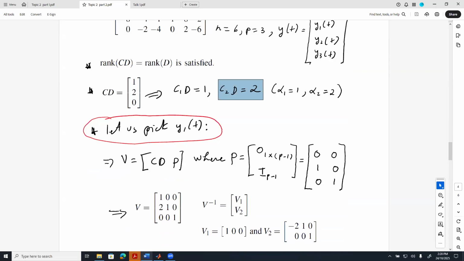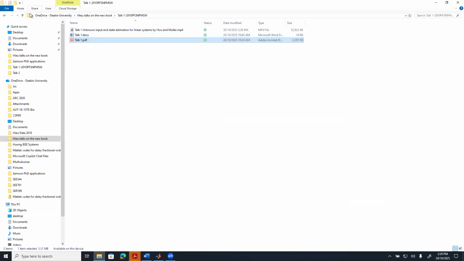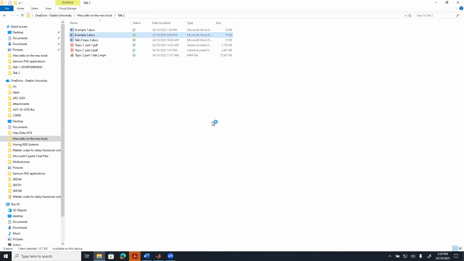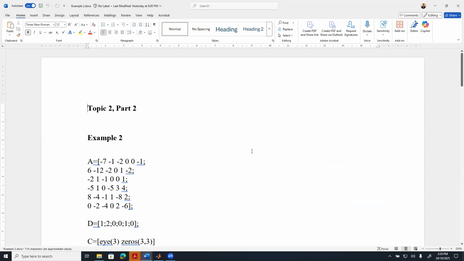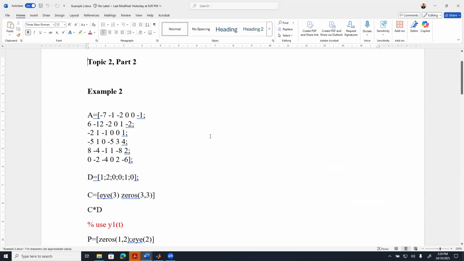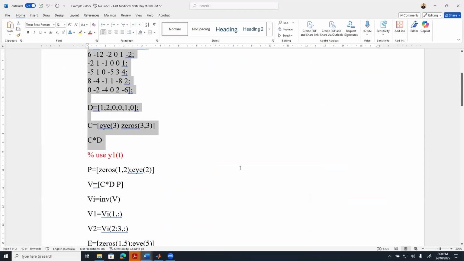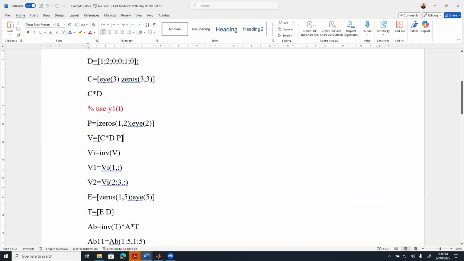Okay, so let's have a look at the coding for the second example. In the second example, the coding is very straightforward. We enter matrices A, D, C, and we check to see if the observer condition is satisfied or not. And then we select the P matrix according to a special structure. And then we obtain the matrix V. We do the inverse.